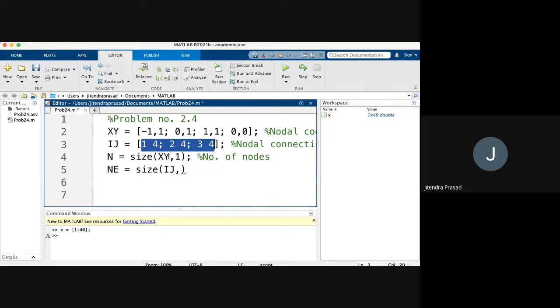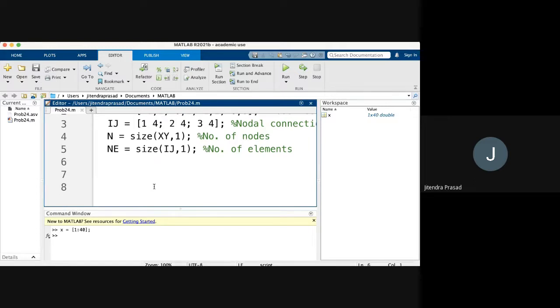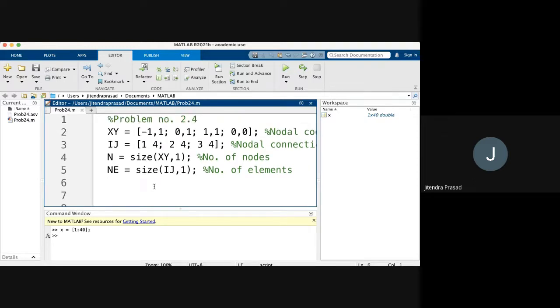The number of elements we can find out from the first dimension, the number of rows. So this becomes the number of elements. So we got some ideas so far. It's all about the geometry only.